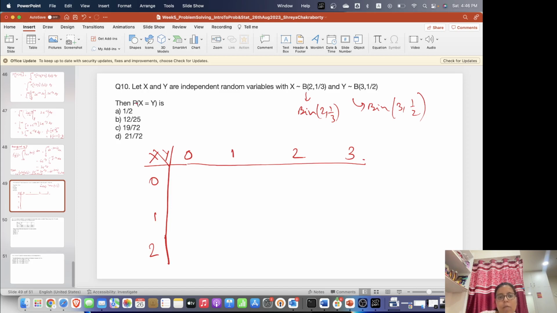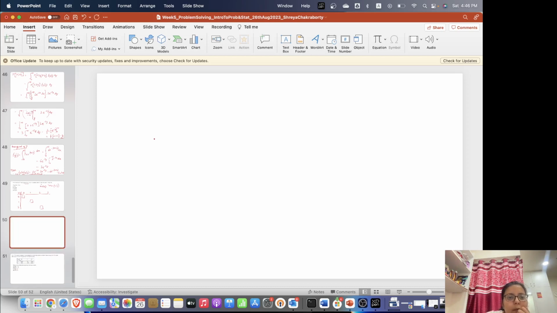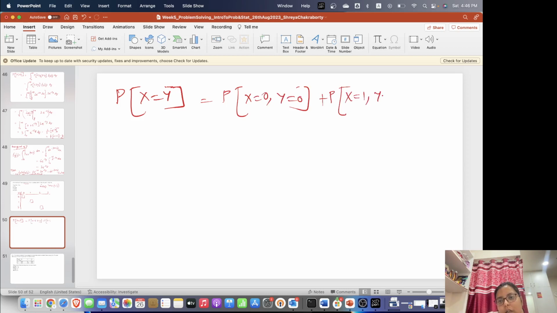So probability x equal to y will be the sum of these cases. Probability x equal to y will be probability x equal to 0, y equal to 0, plus probability x equal to 1, y equal to 1, plus probability x equal to 2, y equal to 2.